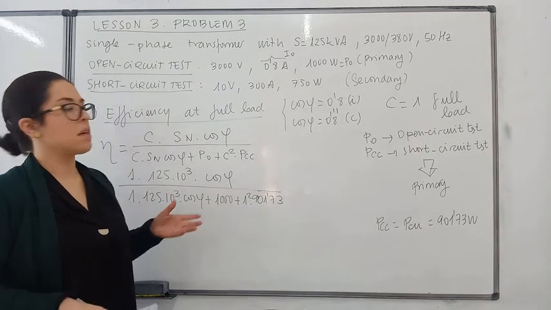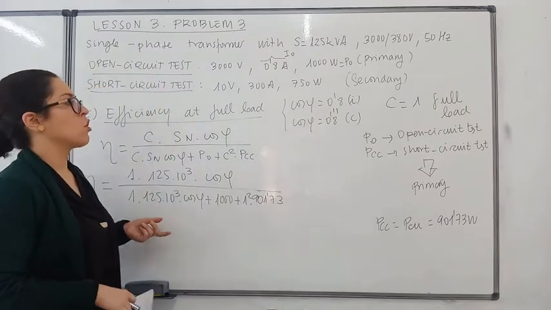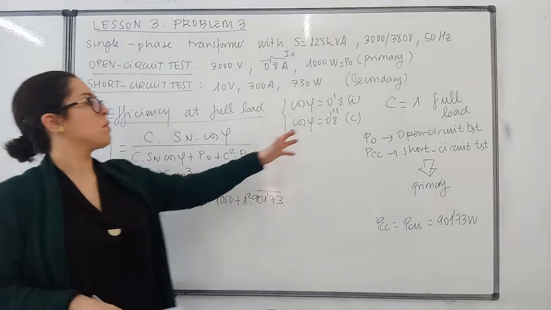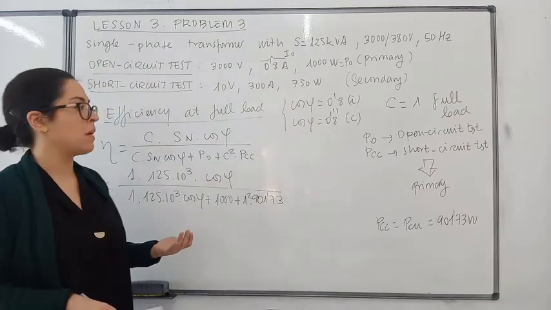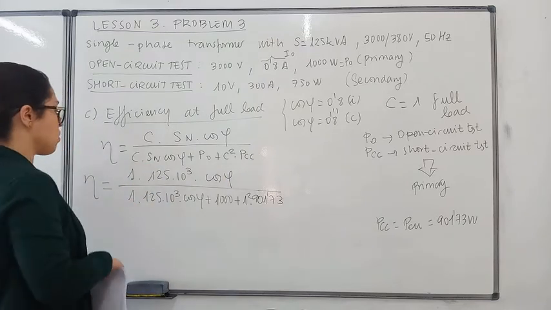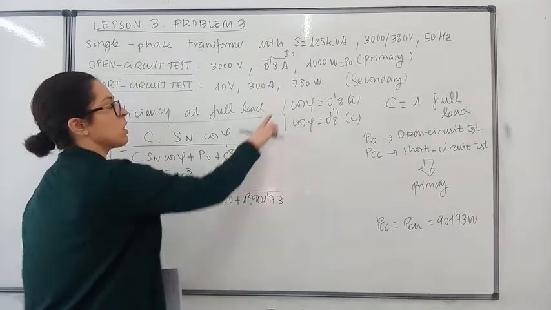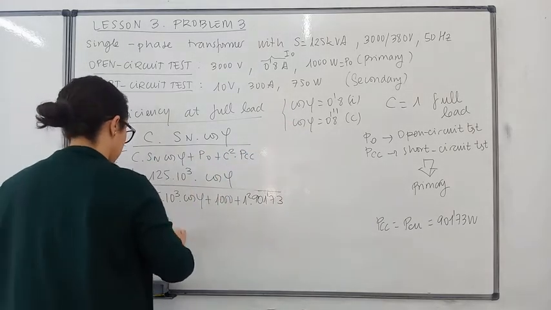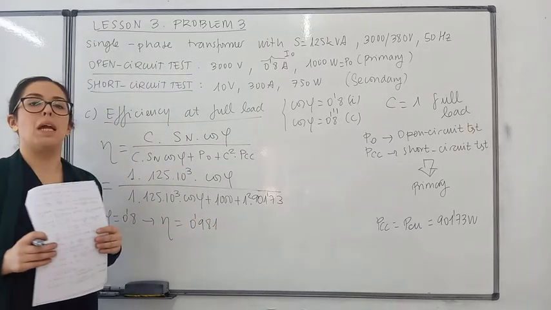So it doesn't matter if we have an inductive or capacitive power factor, because both have the same value, 0.8, and the same sign. Both cosines are positive, okay? So here, if we introduce the cosine of 0.8, the result is going to be the same, and the efficiency is 0.981 in both cases.